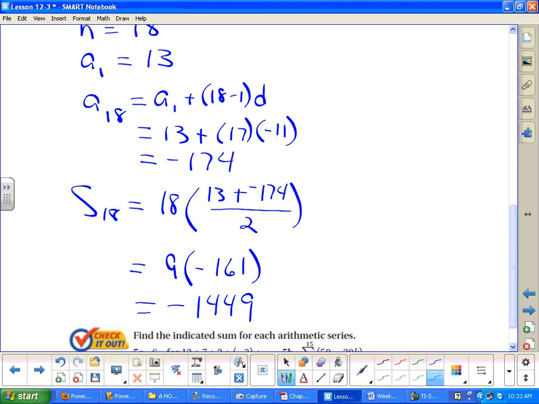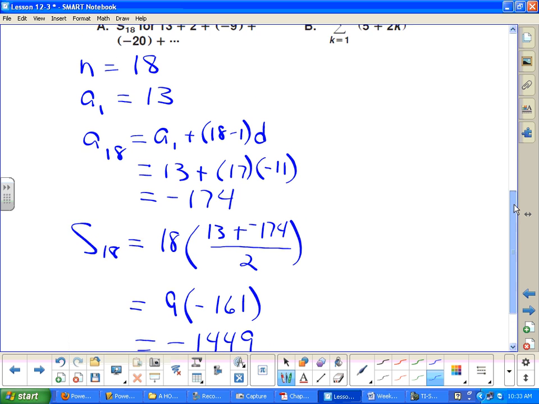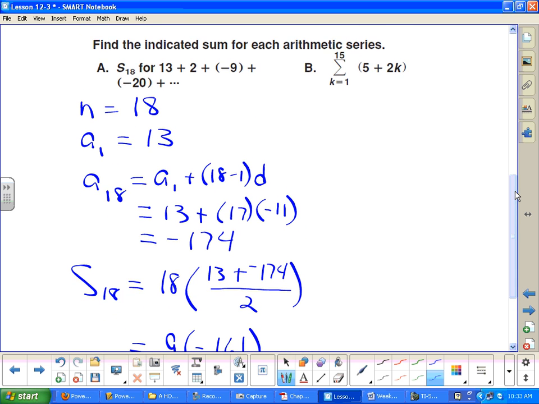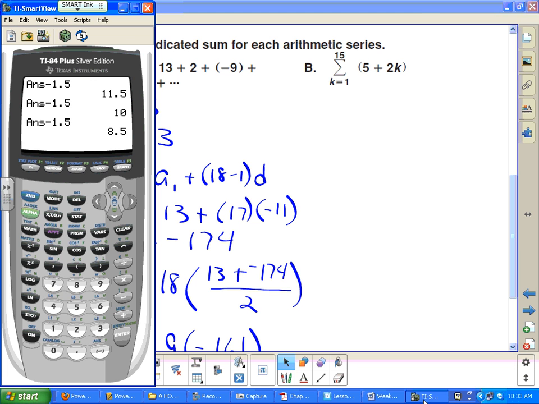Yep, calculators are very handy. Now, did I have to do it that way? Nope. I could have taken my calculator and started subtracting.